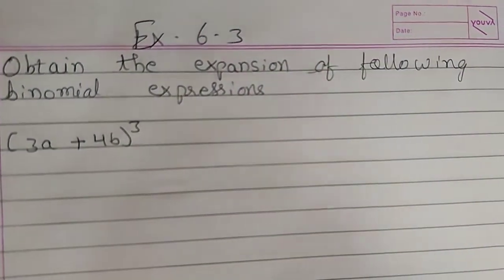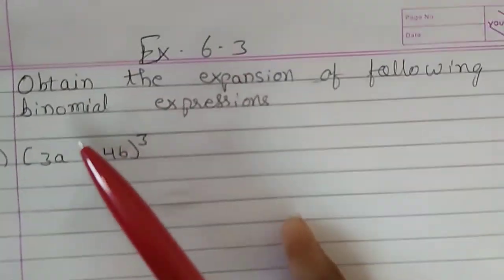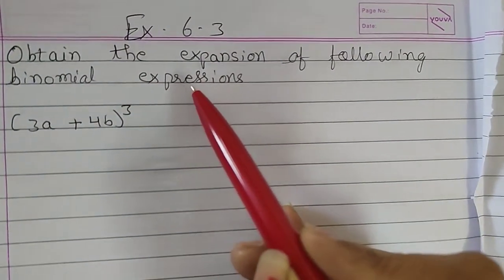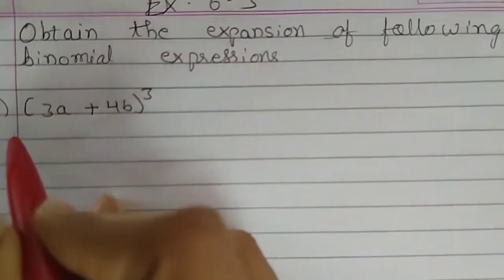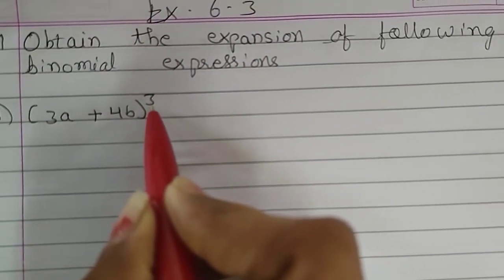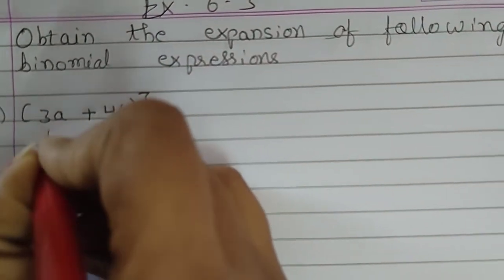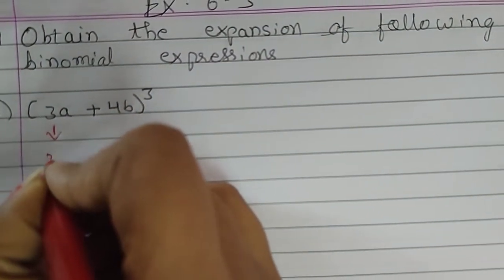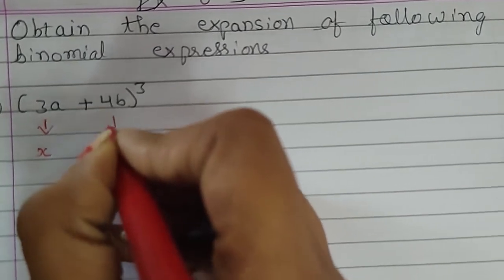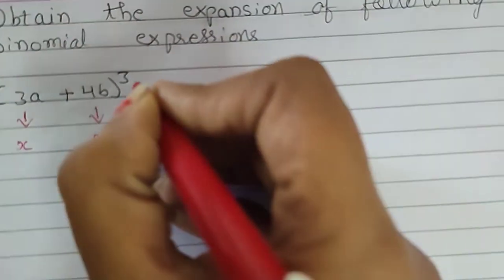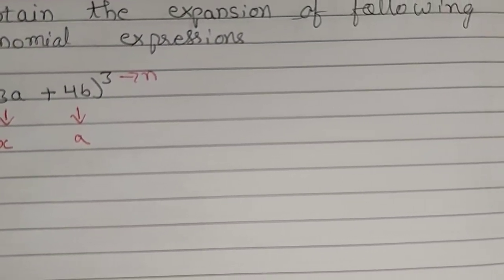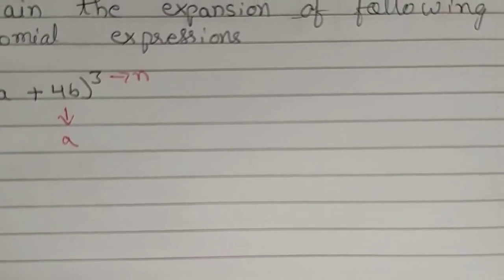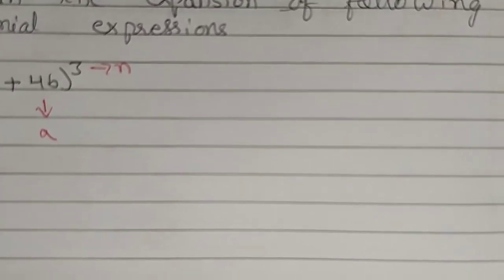Exercise 6.3. First question, obtain the expansion of the following binomial expressions. First one, 3a plus 4b raised to 3. So here 3a is your x, 4b is your a, and 3 is your n. So the general term we know for x plus a raised to n, right?